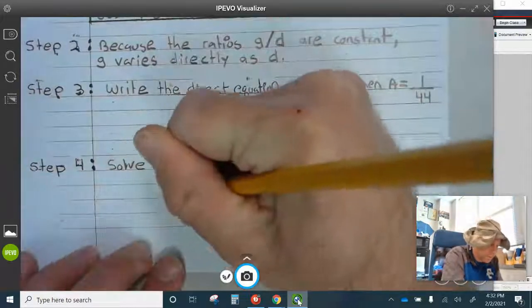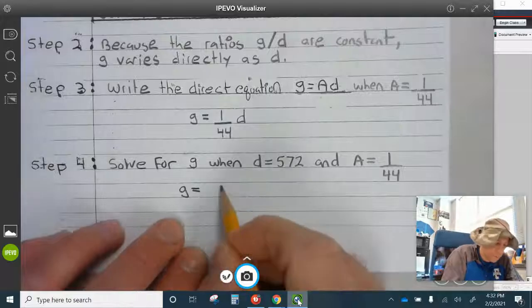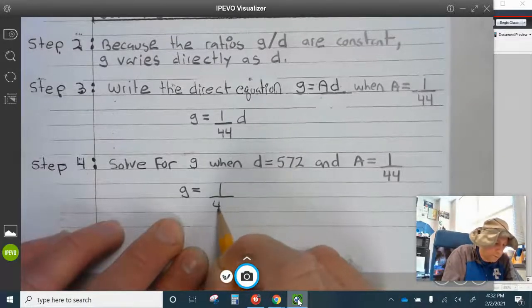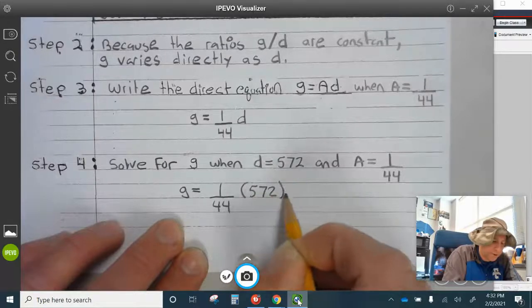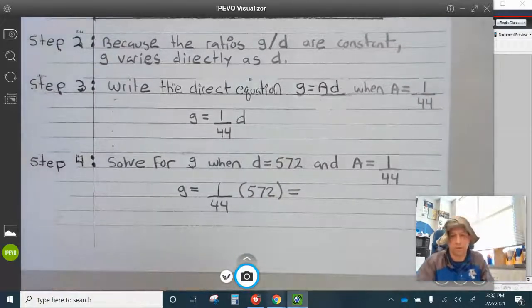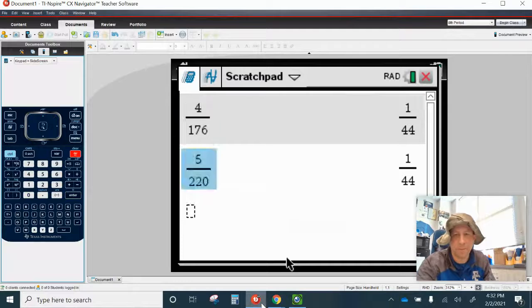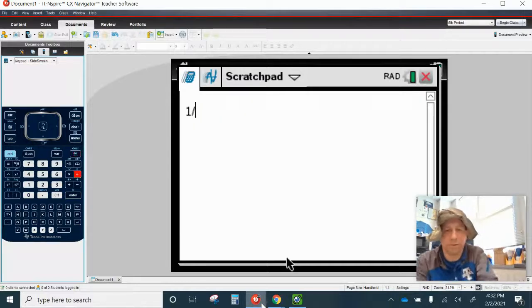So g equals 1 divided by 44 times d is 572. Okay, so let's put that in our calculator. So 1 divided by 44 times 572.